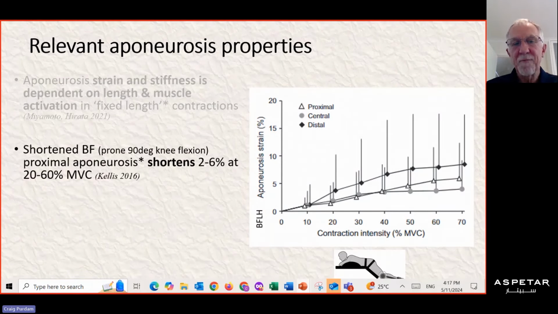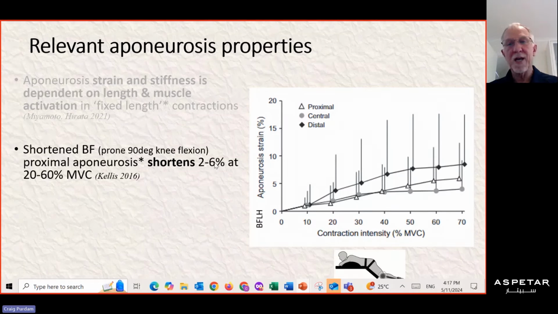However, if we then put a person in a shortened position, and I had to flop between different articles to find this, in Kellis's work, where he had a person in prone at 0, 45 and 90 degrees, if we do an MVC between 20 and 60%, let's say 60%, the proximal aponeurosis, because it's broadened as it shortens, in fact shortens by around 6%.